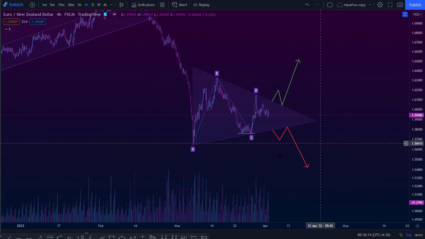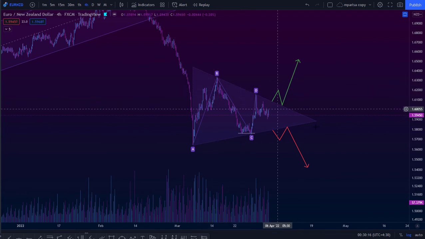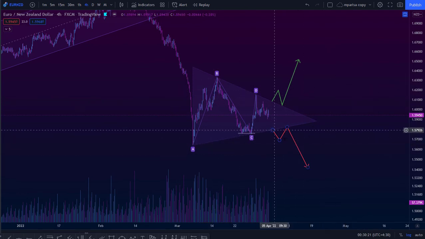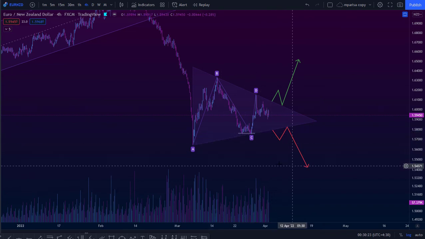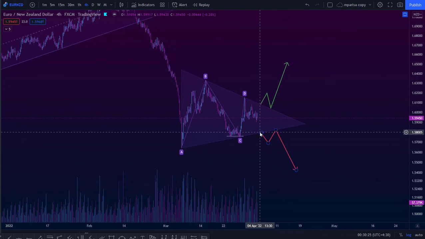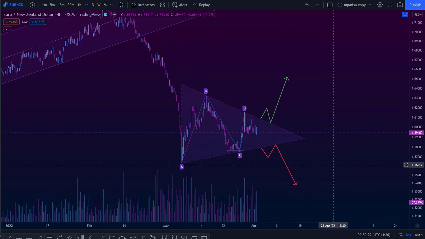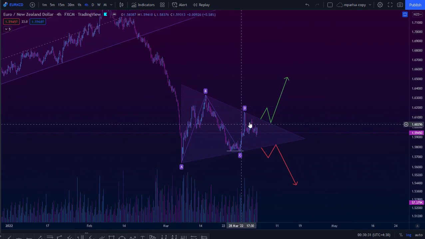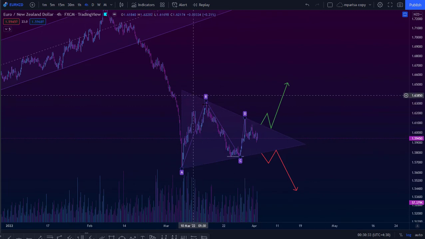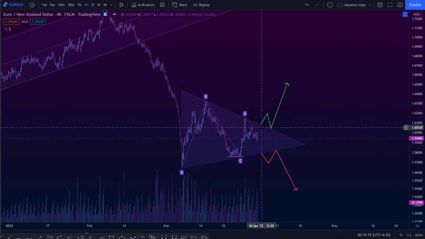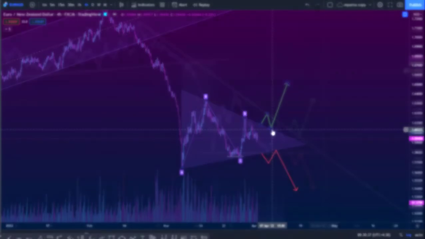So wait for this triangle to be broken. I'm expecting it to be broken from the downside, and after the breakout and a possible pullback, you can start looking for short trades. But in case it was the change of the trend and the triangle was broken from the upside, you can start looking for long trades.